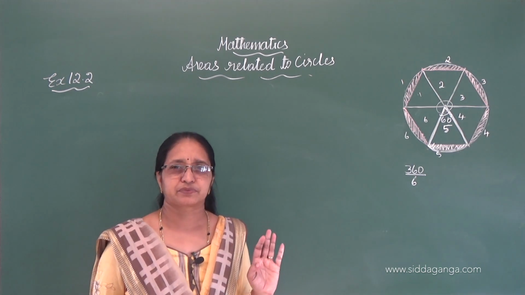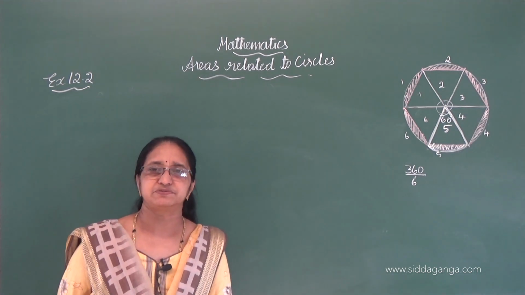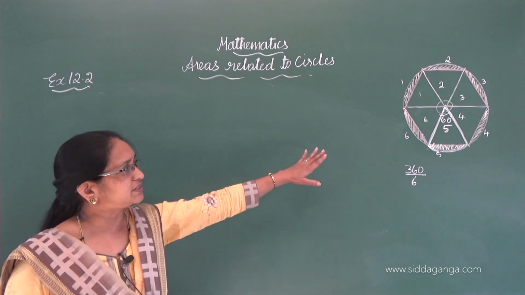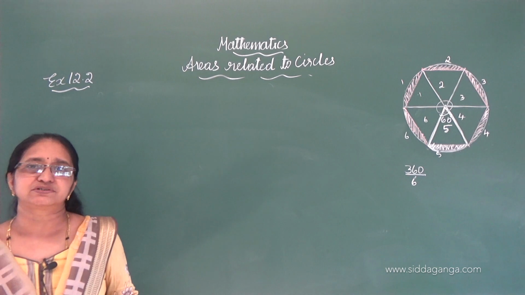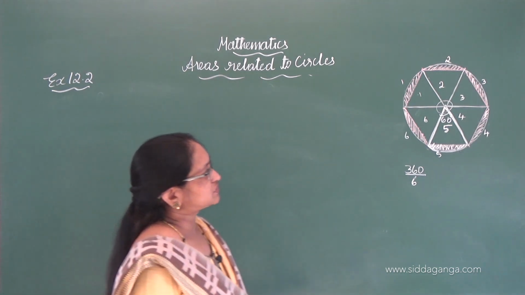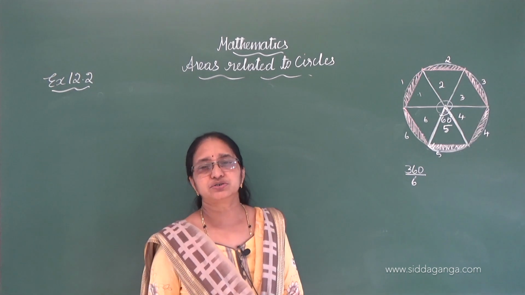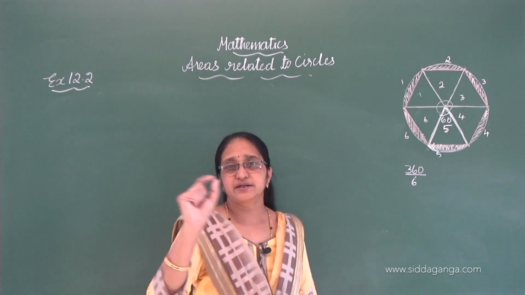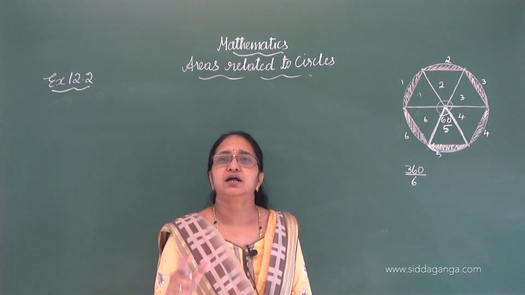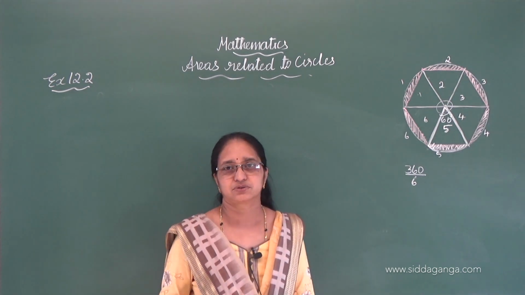Almost all the concepts which you have studied in this exercise are covered in this problem. You are finding the area of the sector, the area of the triangle, then the area of the segment, multiplying by 6 to find the area of the design, and the last step is finding the cost.